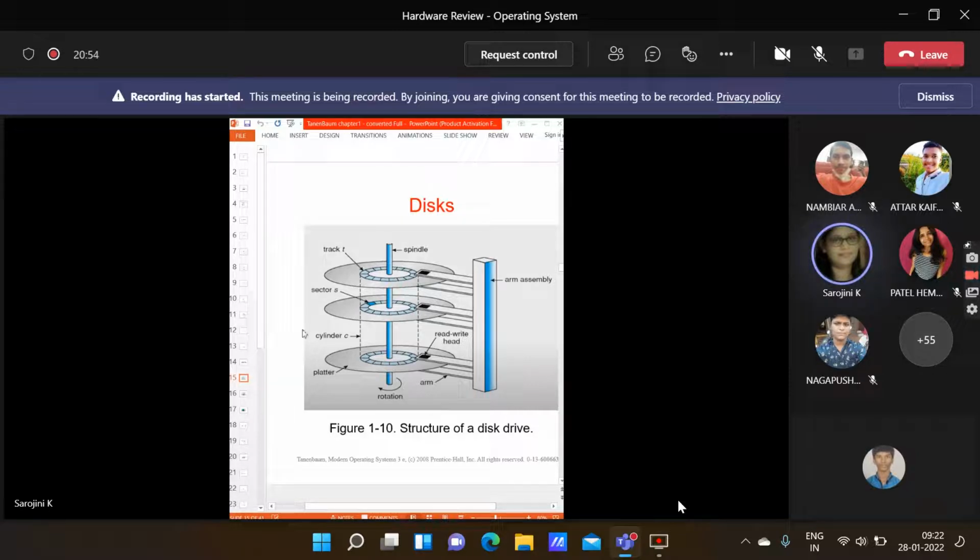Here, the disk will rotate at a particular speed, for example, 5,400 rotations per minute, 10,800 rotations per minute, or 7,200 rotations per minute. This is a magnetic device, but it is also a mechanical device, so that is one of the reasons the device is very slow.